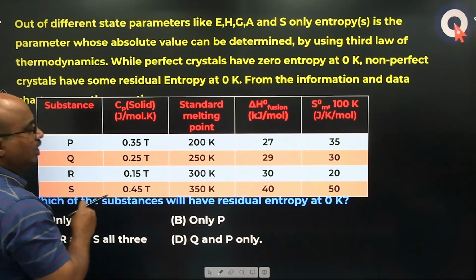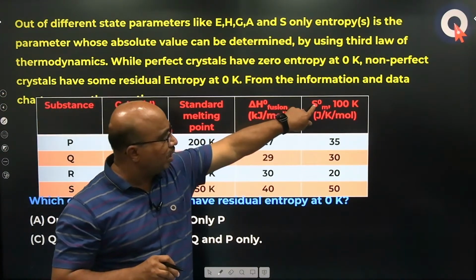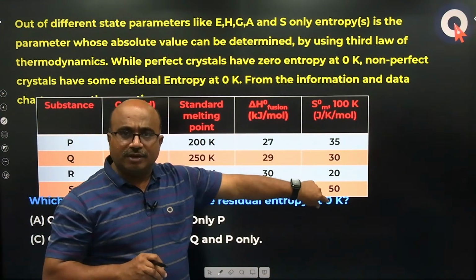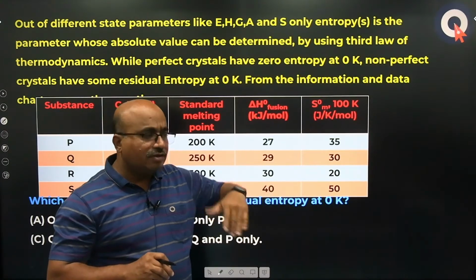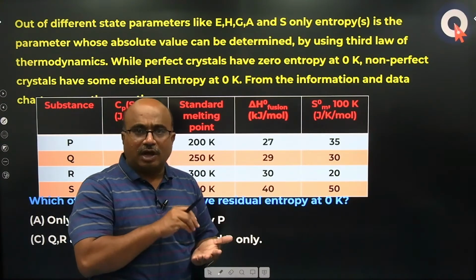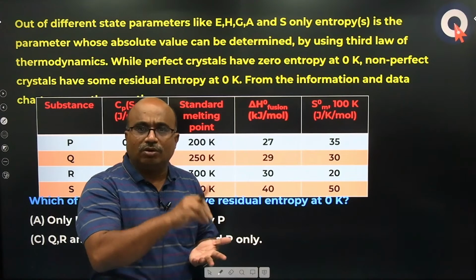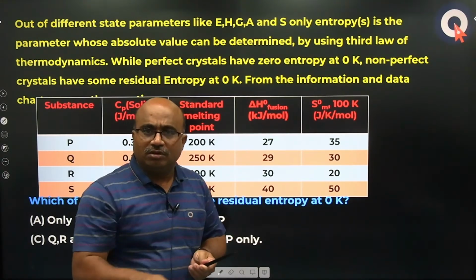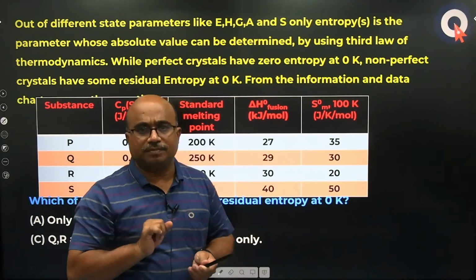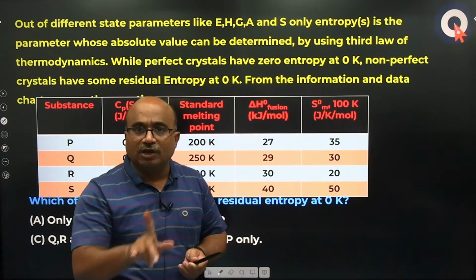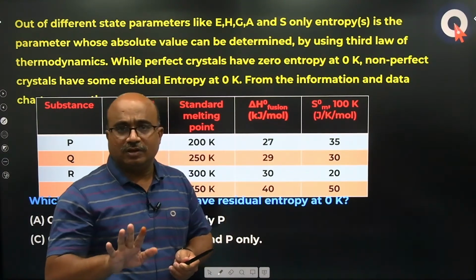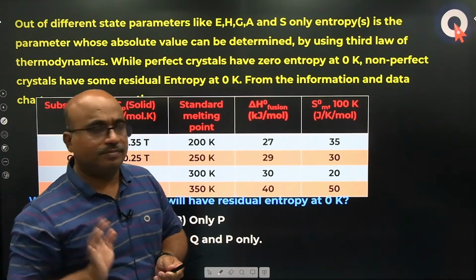The absolute value of entropy at 100 is given. If the absolute entropy at 0 comes out as 0, then there is no residual entropy. If I don't get 0, then it has some residual entropy.